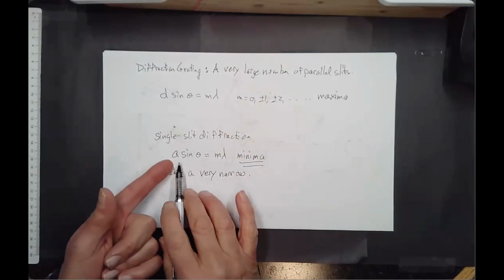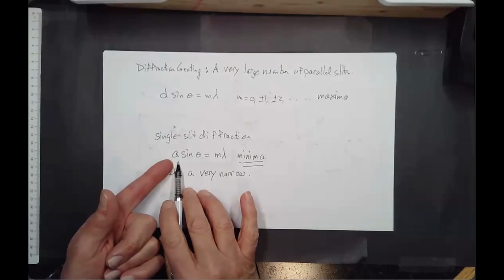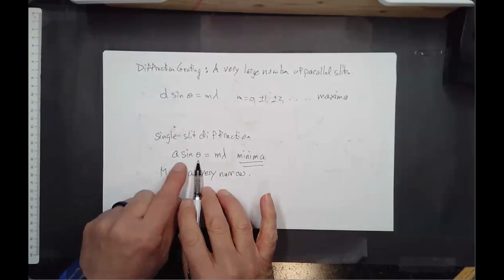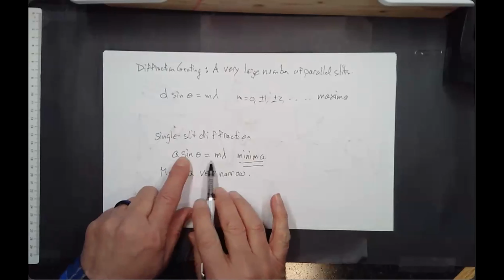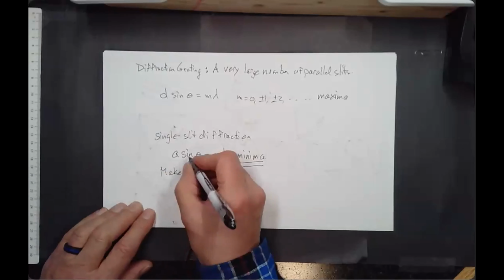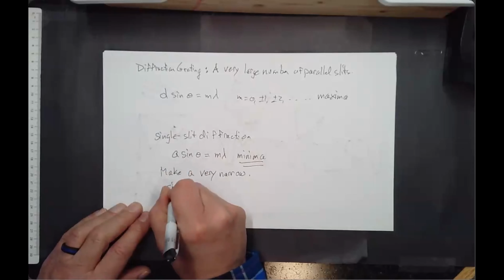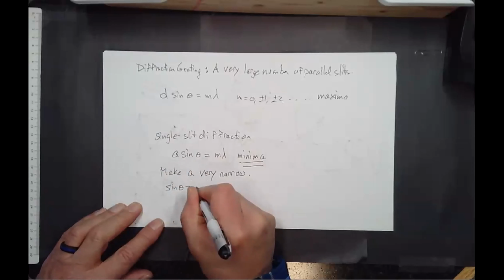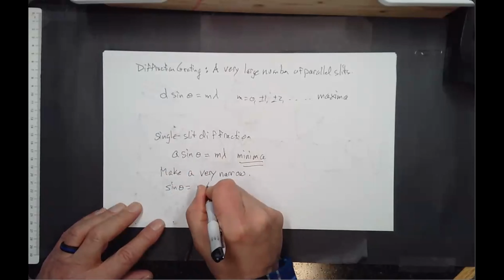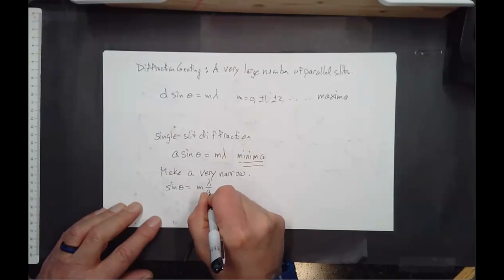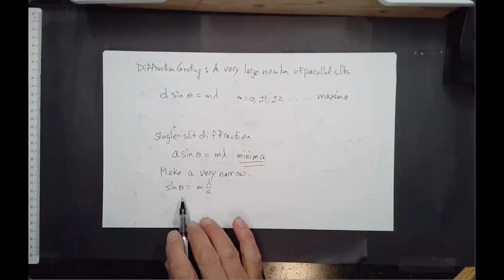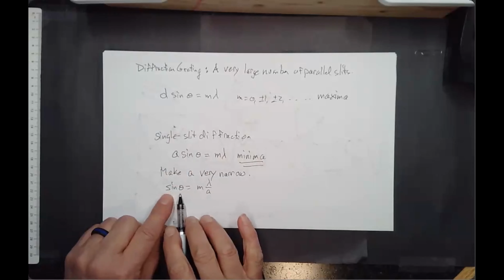Well, the more narrow you make A, the larger the sine of theta will have to be in order to see these things. In fact, you can solve for it: sine of theta will equal m times lambda over A. And the biggest the value of the sine of theta can be is 1.